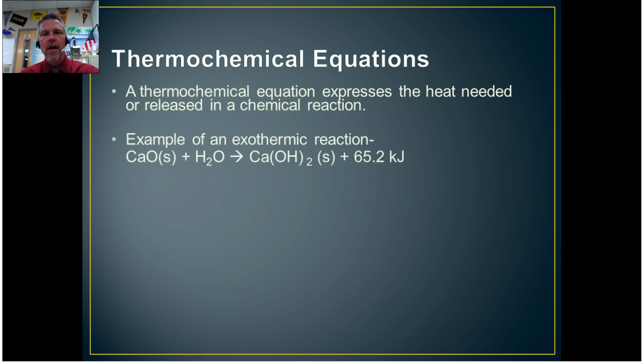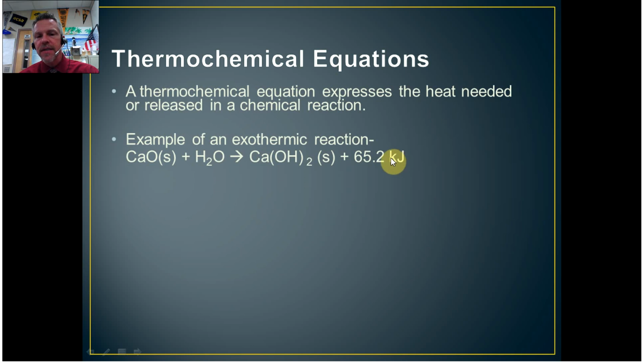Here is an example of a thermochemical equation for an exothermic reaction. We have calcium oxide and water reacting to produce calcium hydroxide and some energy, some heat. In other words, if you mix calcium oxide and water together, it produces some heat. We have our two reactants and our arrow. Here's our product, but look what we've added to the product side of the reaction: this number, 65.2 kilojoules.